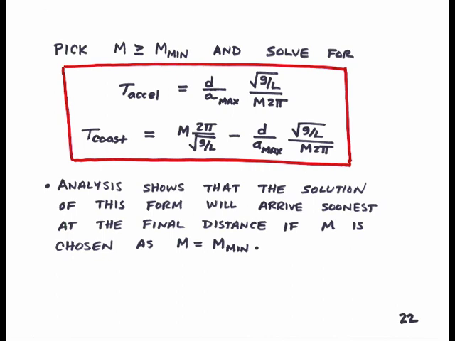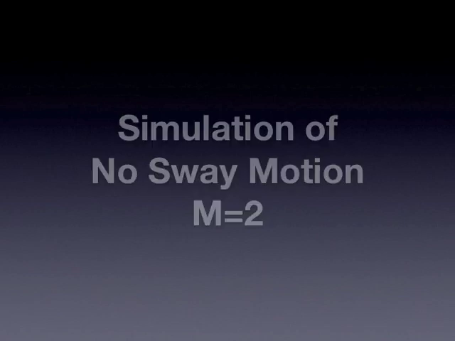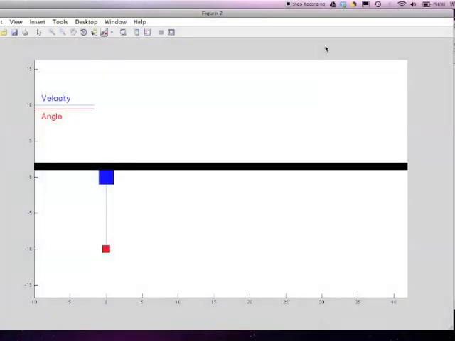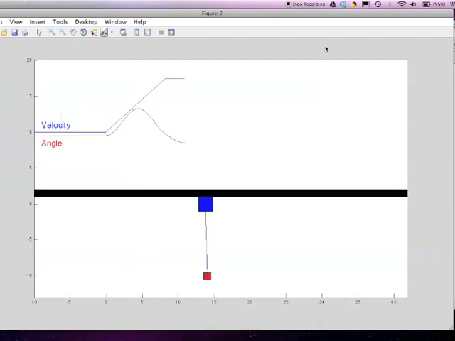In the simulation, this is sped up. You'll note that when the trolley stops, the load will have no sway.